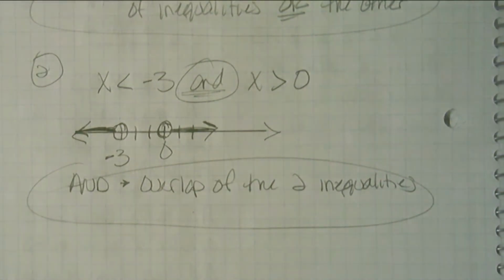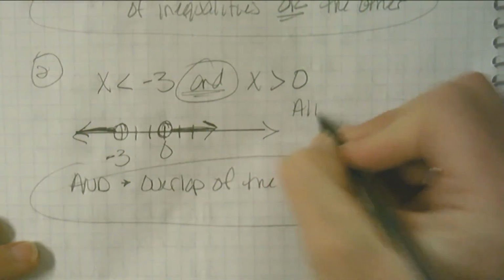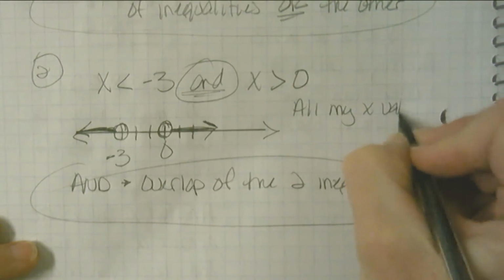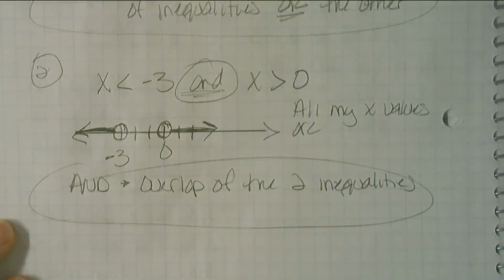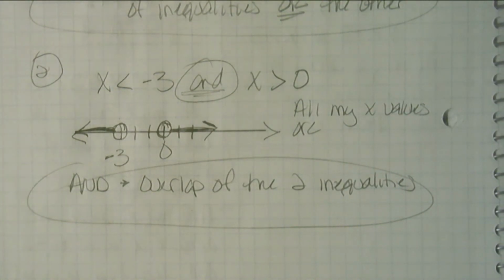So somebody tell me, what are all my possible values for my x? All my x values are, Peter? They have to meet both. So it has to be every number less than 0, and it has to be every number less than negative 3 and greater than 0. Are there any numbers that are less than negative 3 and greater than 0?